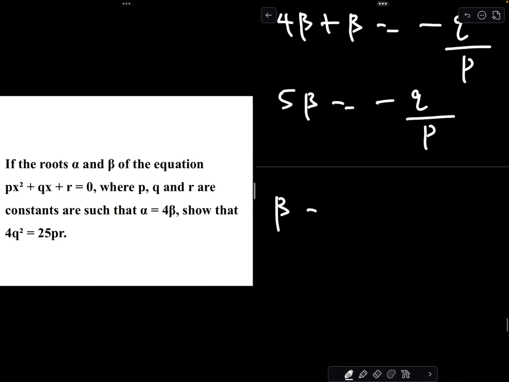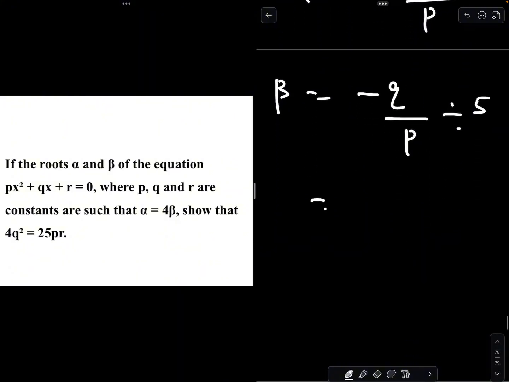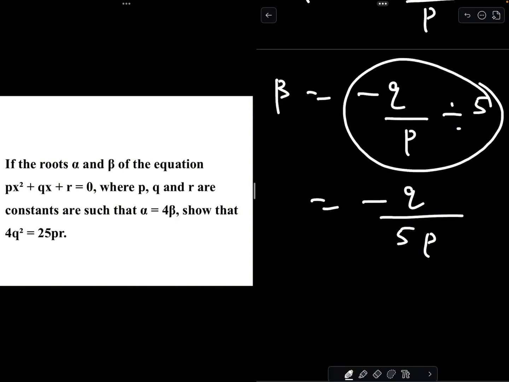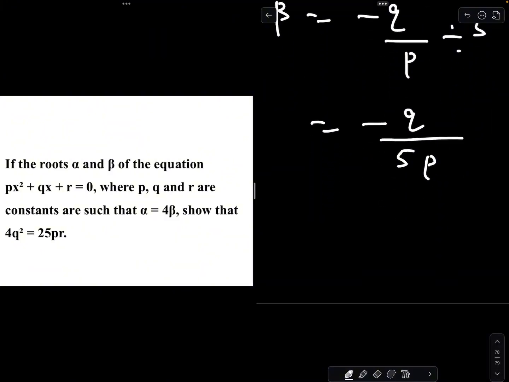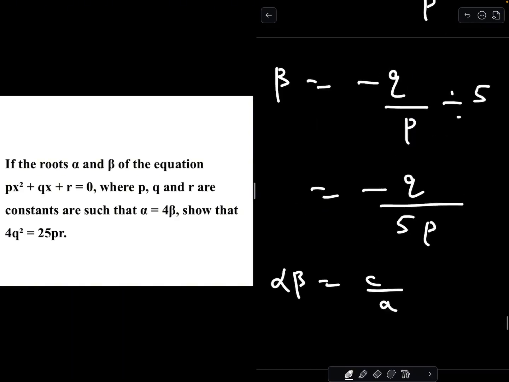And that simply means beta is equal to minus q over p divided by 5. And that's the same as minus q over 5p, because that actually means minus q over p times 1 over 5. So that's beta.